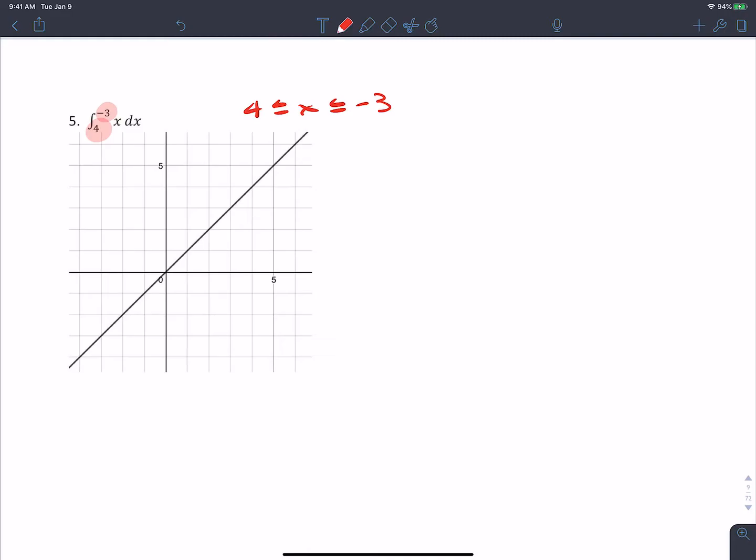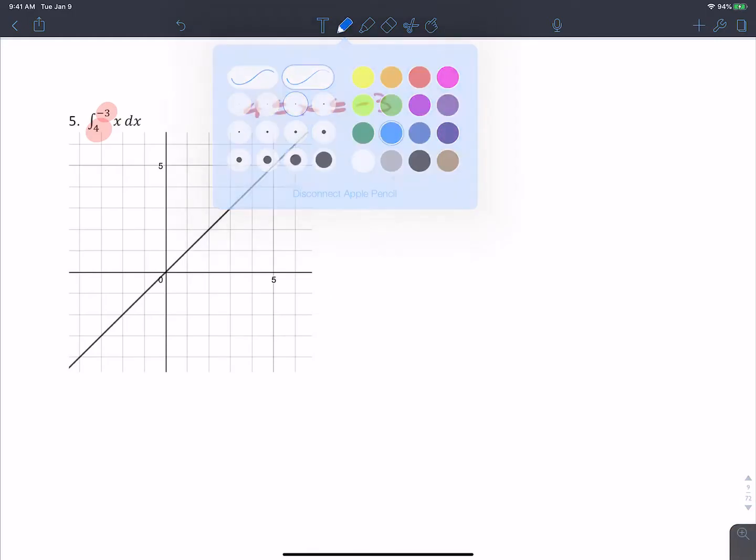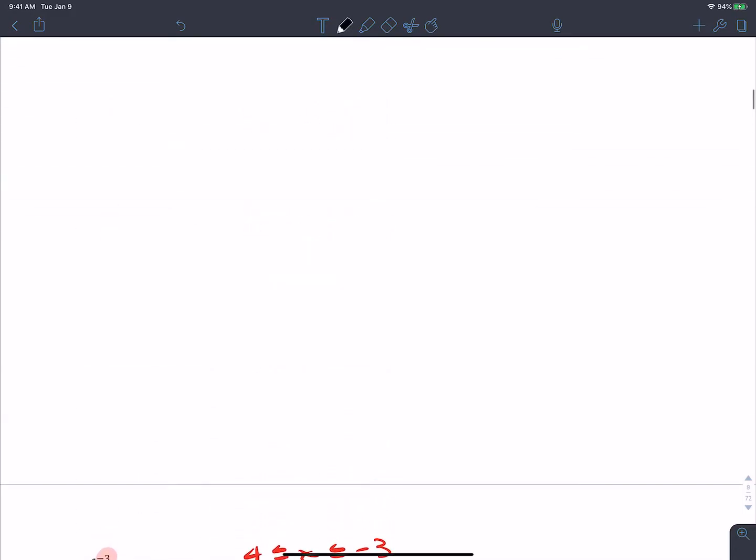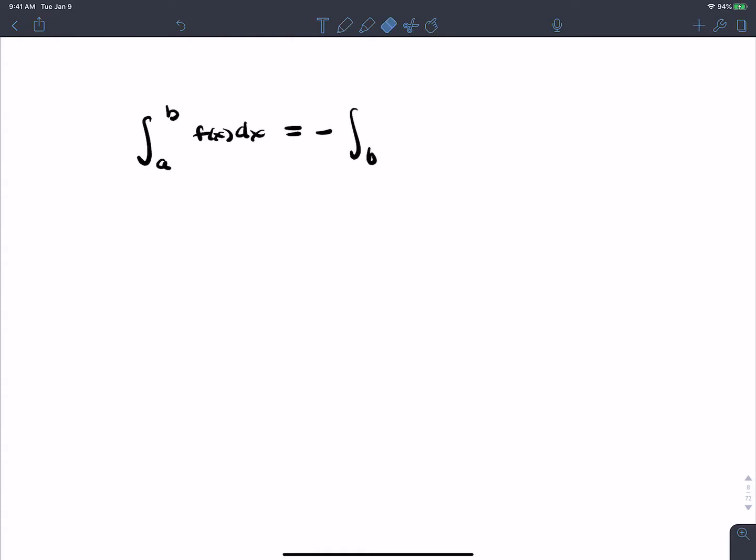The function is continuous. If that makes you uncomfortable, maybe we should do it this way. Let's give you guys a fact here. I'll write it up here. The integral from a to b of f of x dx, I can factor out a -1, and I could change my limits here. Let's do it this way.